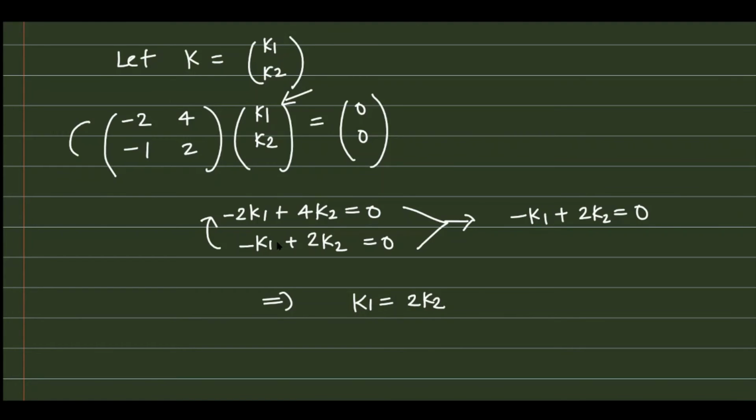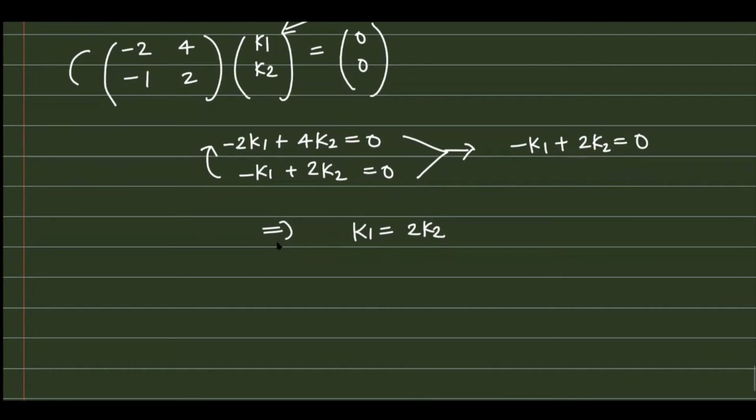Now k2 can take any value, and k1 depends on it. If k2 takes the value 1, then k1 takes the value 2. So we got one eigenvector: [2, 1] is an eigenvector.